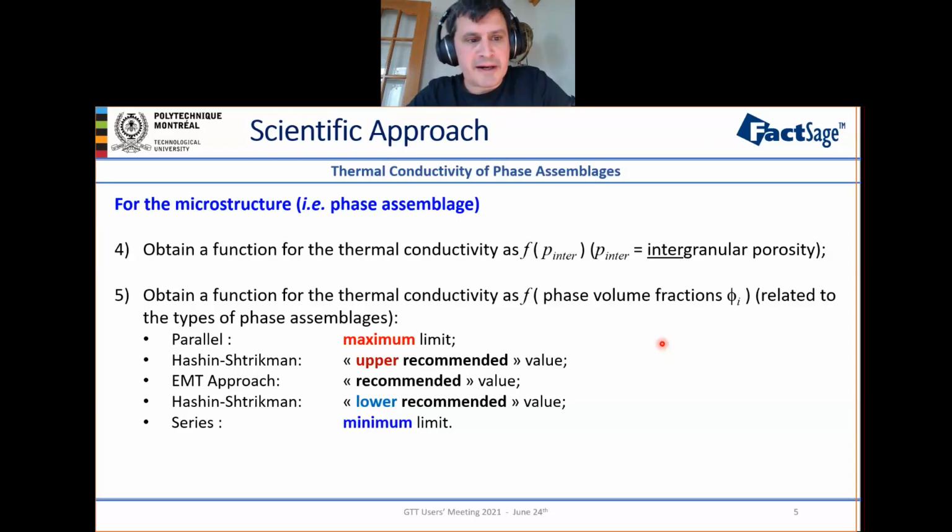So what the model will provide is the maximum and minimum limit value of the thermal conductivity given by the parallel and series modes when you have different phases in different grains with different sizes. However, we want to provide the best estimate using the EMT approach, effective medium theory. And this effective medium theory goes very well with the Hashin-Shtrikman upper and lower recommended value limits. So basically, the EMT value is always between the Hashin-Shtrikman limits, which are always between the minimum and maximum values.